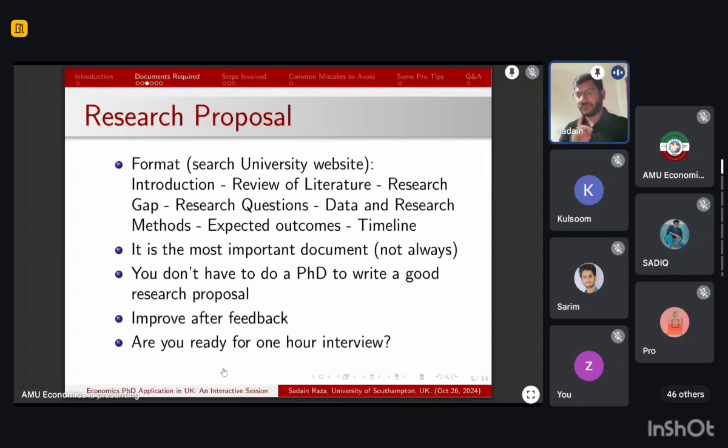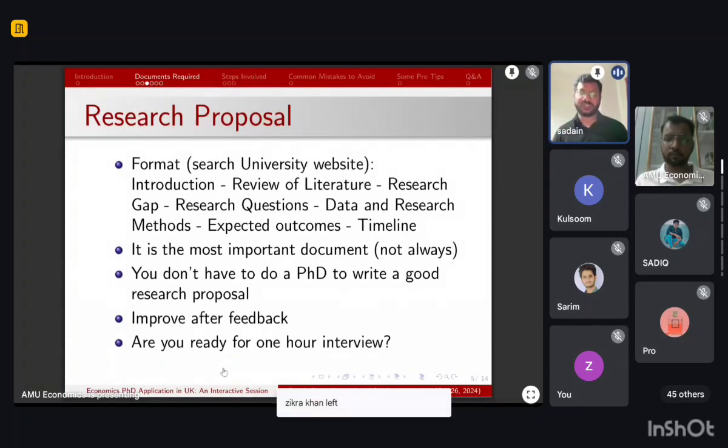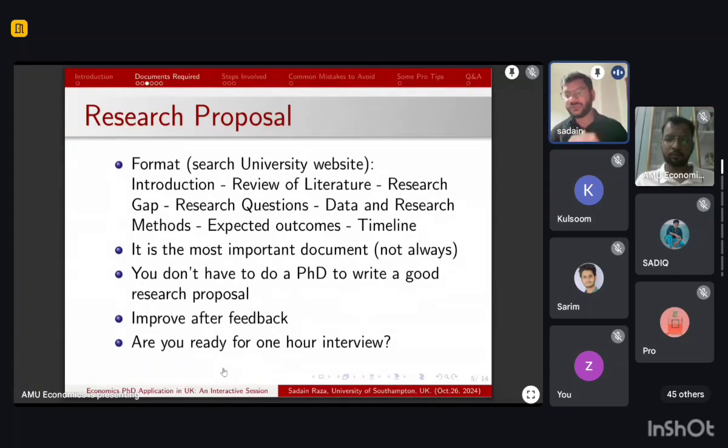So this is my first suggestion on the research proposal. Try to make it as good as possible. Why so? Because if with extra effort, maybe you are working 10 hours a day on a weekend to enhance the quality of your research proposal for 2 weekends, and then the chance of you getting selected increases from 30% to 50%, then why not do that?